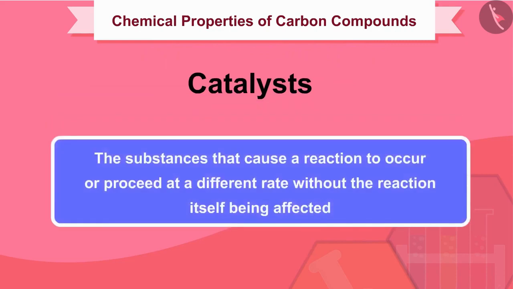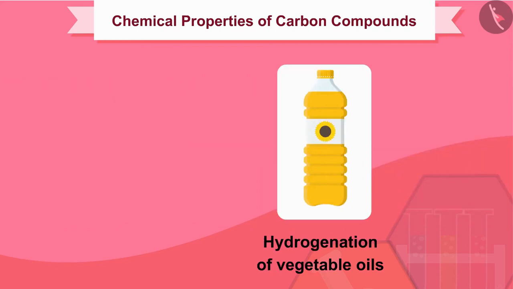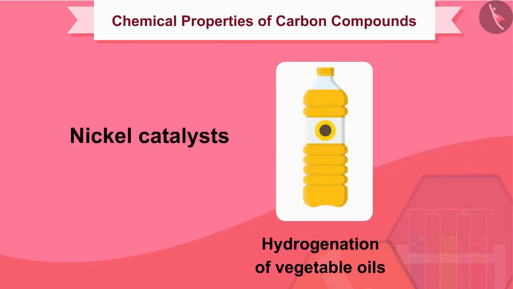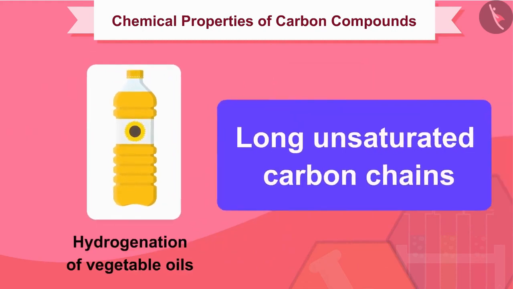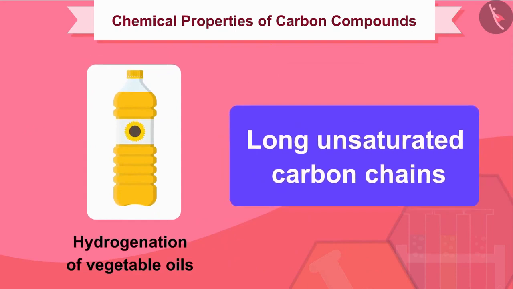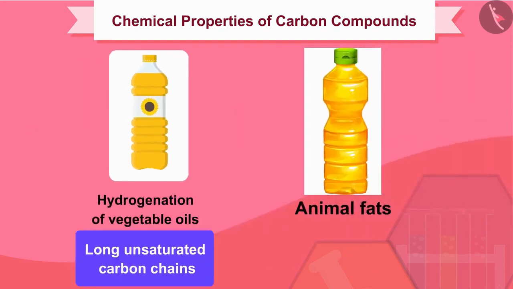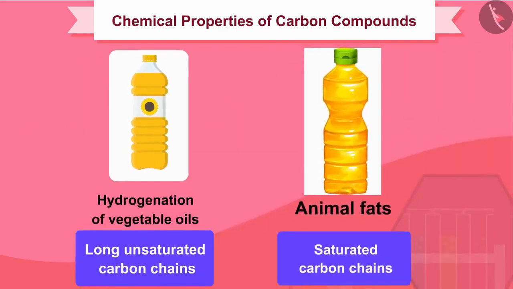Catalysts are those substances that cause a reaction to occur or proceed at a different rate without the reaction itself being affected. This reaction is commonly used in hydrogenation of vegetable oils using nickel catalysts. Vegetable oils generally have long unsaturated carbon chains, while animal fats have saturated carbon chains.